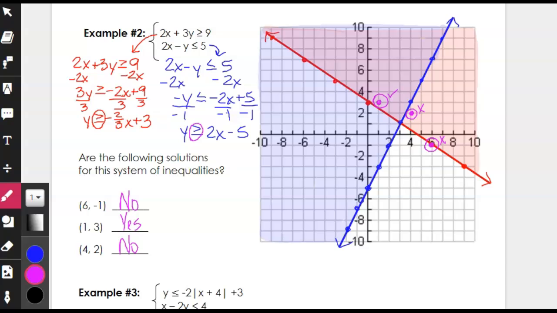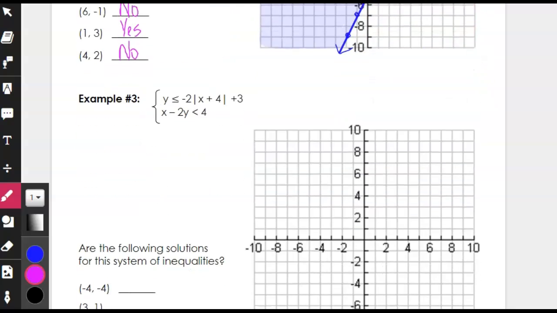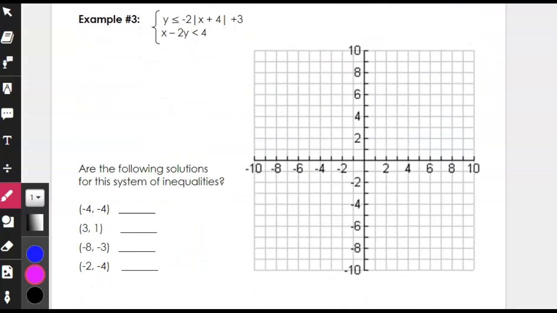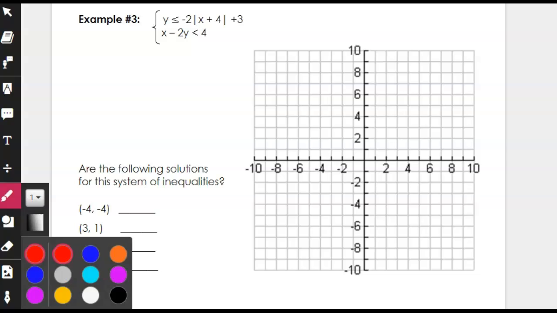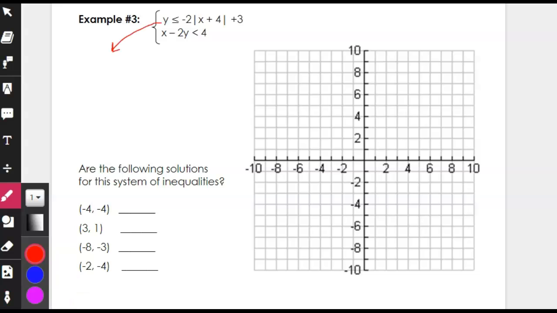Okay, so let's move on to example 3. Example 3 is kind of interesting because we end up having an absolute value in our inequality. So let's graph that one first. It's nice that it's already solved for y. I notice that it almost looks like transformations are happening from the parent function, the absolute value parent function.